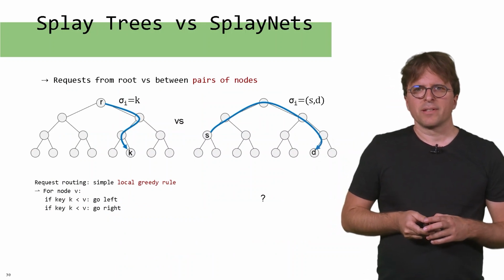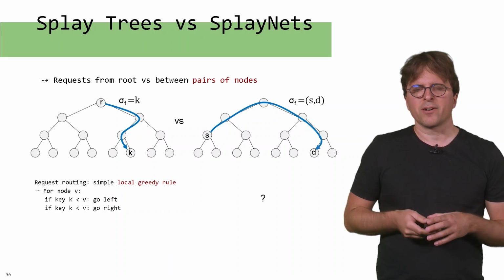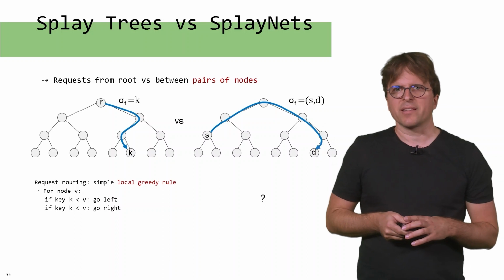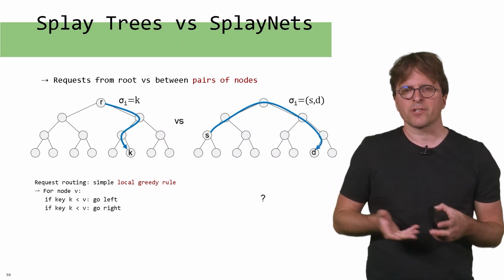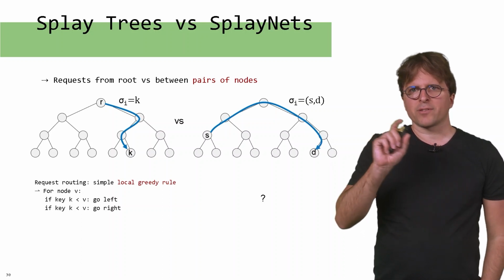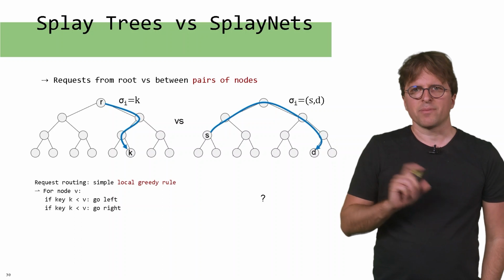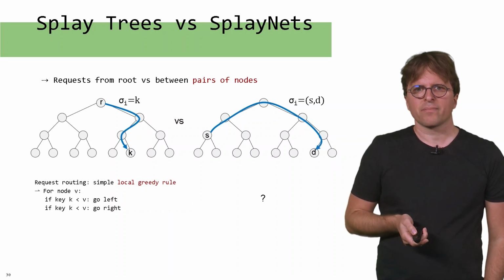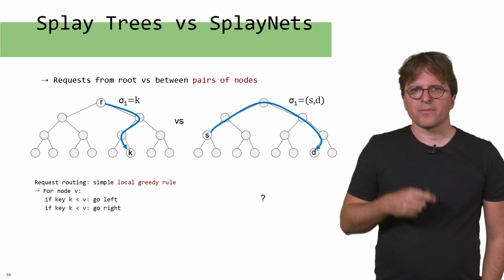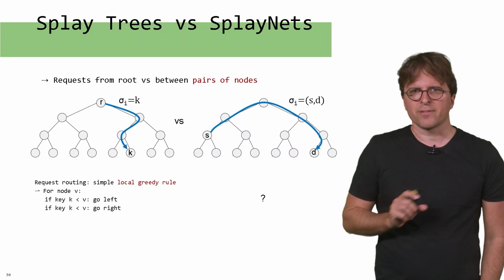So here is an illustration. According to the concepts of splay trees, we can also define a concept of SplayNets. This is like a network version of the splay tree, where requests are now not coming from the root, but request sigma i is between a source and a destination. And the nice property of binary search trees is that you can do local greedy search.